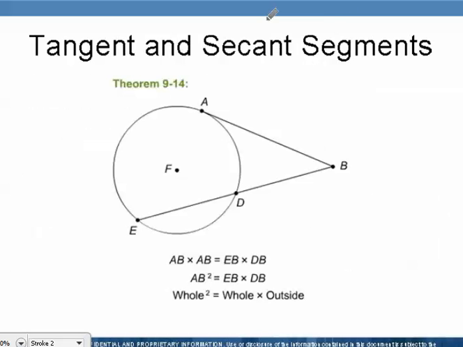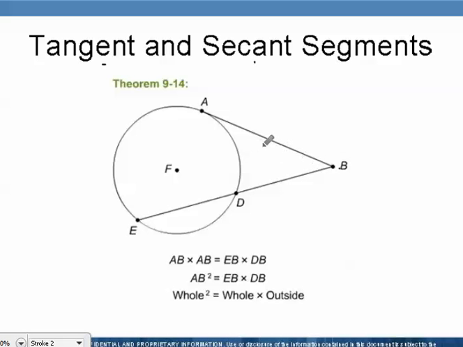Okay? So, the only other situation that we might run into might be a tangent and a secant running into each other. We've already looked at tangents and we said that the tangents were going to be equal in both situations. But in this situation, with a secant, we've got that whole times the outside that we can look at. So we've got EB times DB. We can look at that.